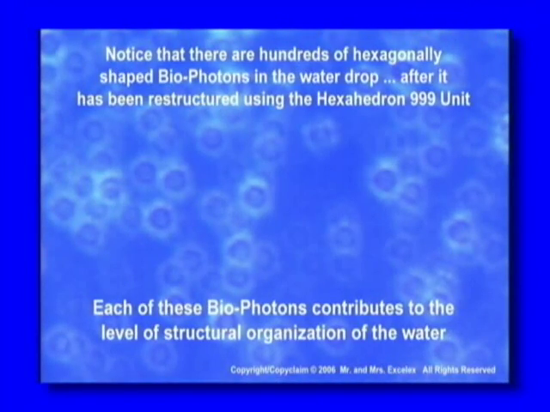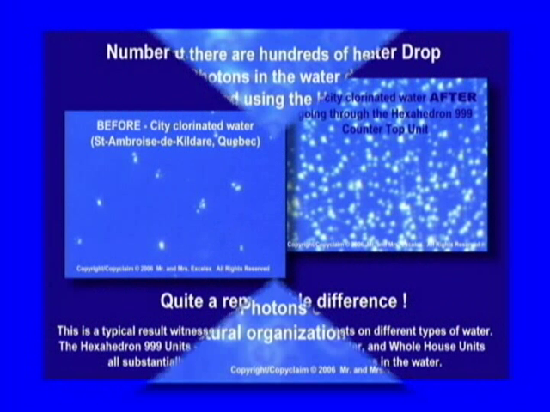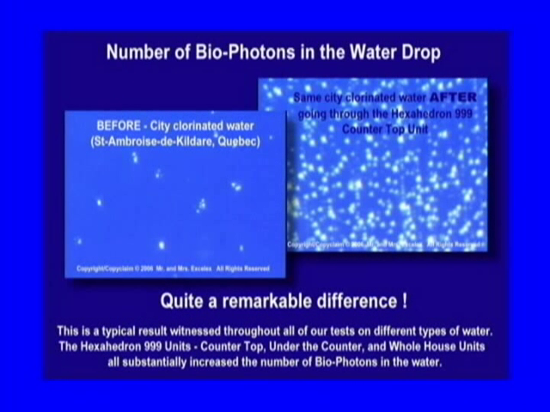Notice that there are hundreds of hexagonally shaped biophotons in the water drop, after it has been restructured using the hexagon 999 unit. Each of these biophotons contributes to the level of structural organization of the water. Compare the number of biophotons in a drop of city chlorinated water, before and after going through the hexagon 999 unit. Quite a remarkable difference.